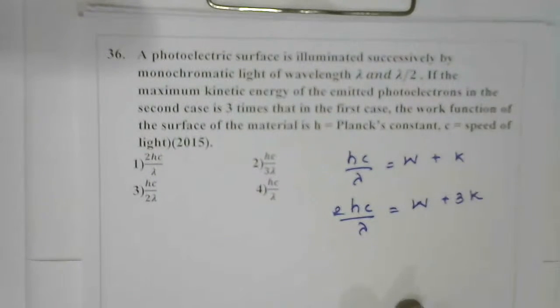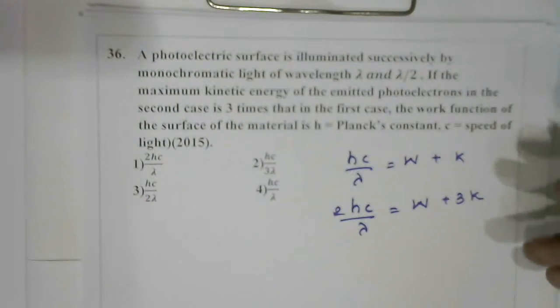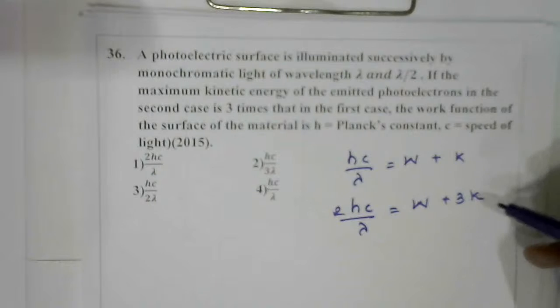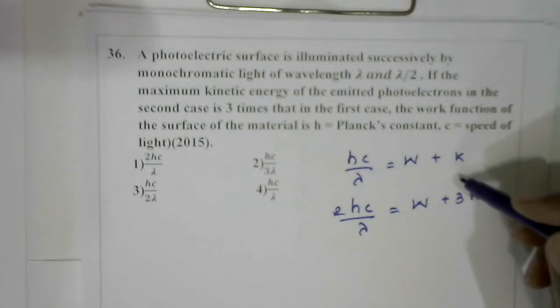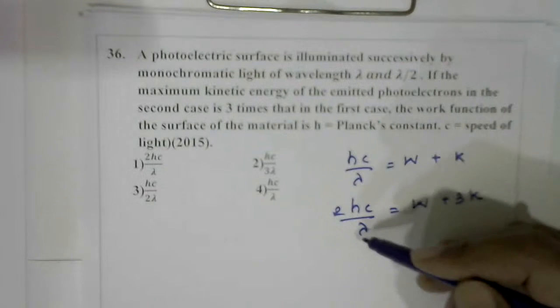I was telling you in the synopsis that you go with substitution, or you can go with the simultaneous equations, one and the same. You want to eliminate K, so you can substitute for K from here, or transfer the 3 this side.